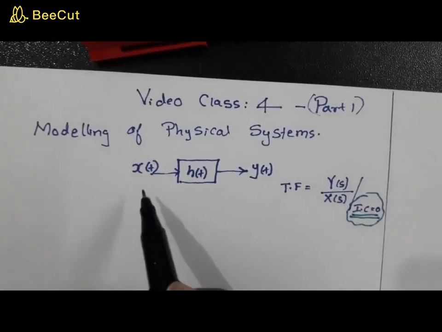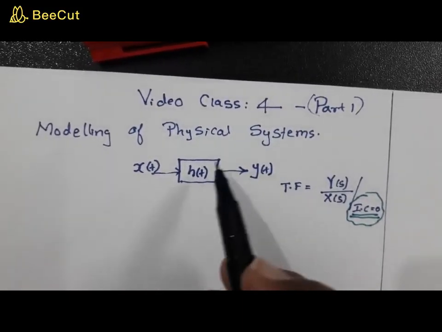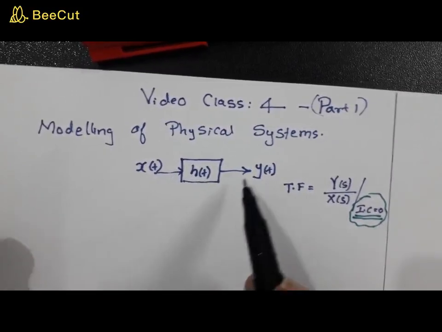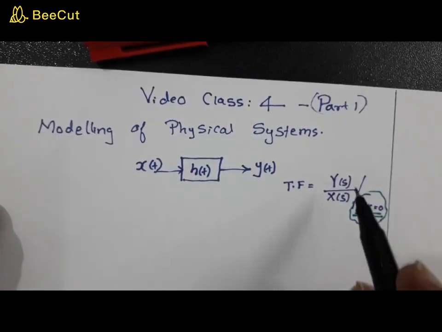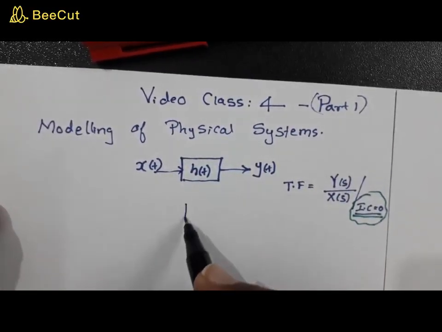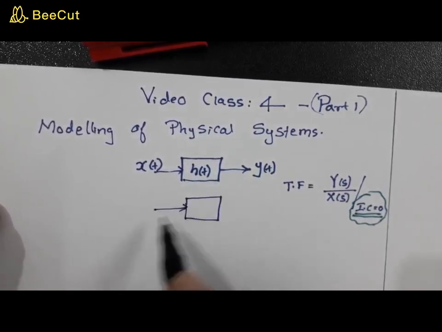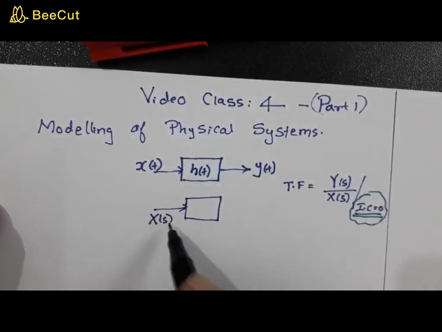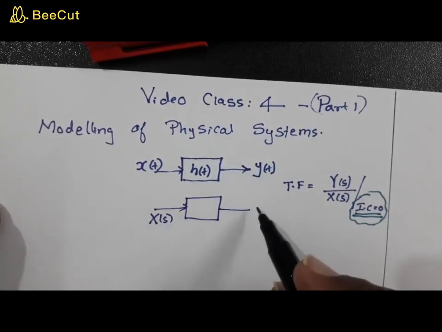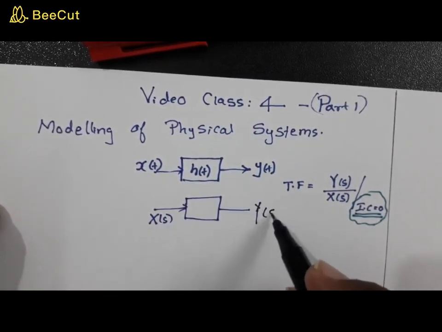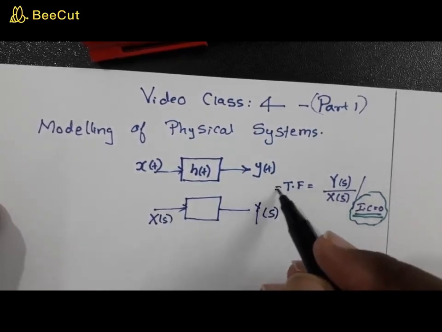Okay, so this is a time domain block diagram representation of the system. Now, the same system can be represented in the frequency domain. That is, if you replace this x of t by capital X of s, and you replace this y of t by capital Y of s, what will be this transfer function?